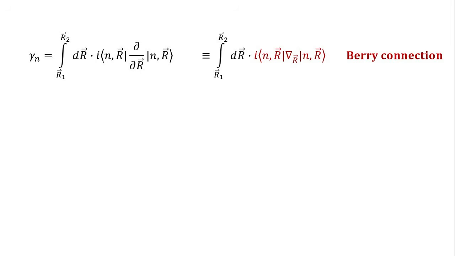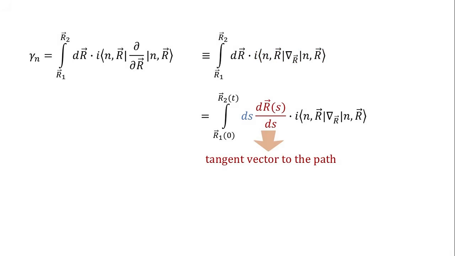The quantity highlighted in red is known as the Berry connection, which we will explore further in the next chapter. Now, suppose the path in parameter space R is explicitly parameterized by a scalar variable s, as we did in the previous chapter. In this case, the infinitesimal vector dr can be expressed as the tangent vector to the path multiplied by the infinitesimal scalar ds.